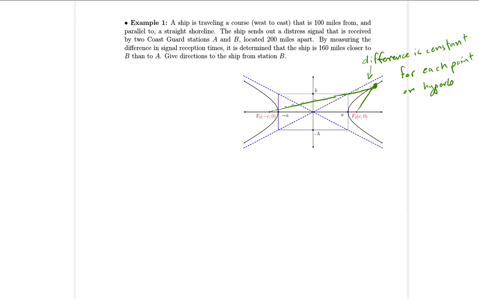That's how we define a hyperbola. And we didn't go into great detail with this in the video notes, but that's just a reminder of what it is. So how does this apply to what we're doing here?